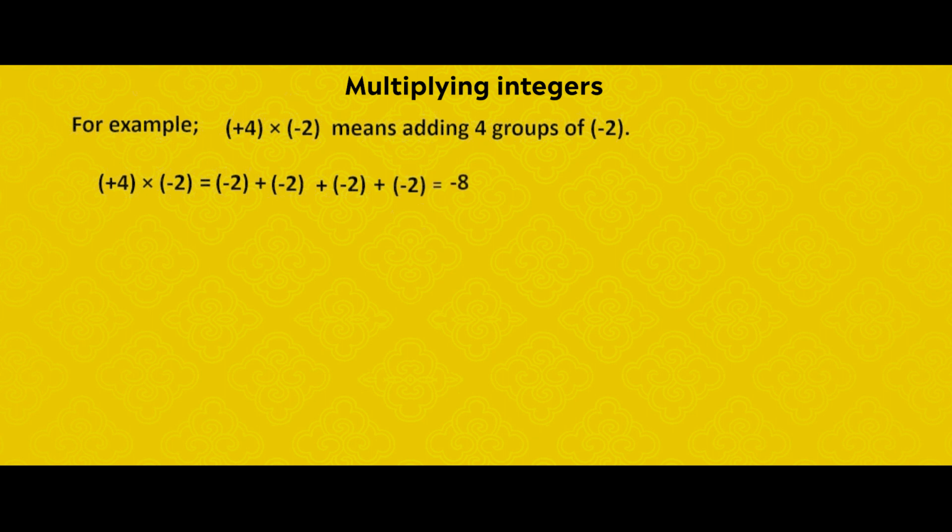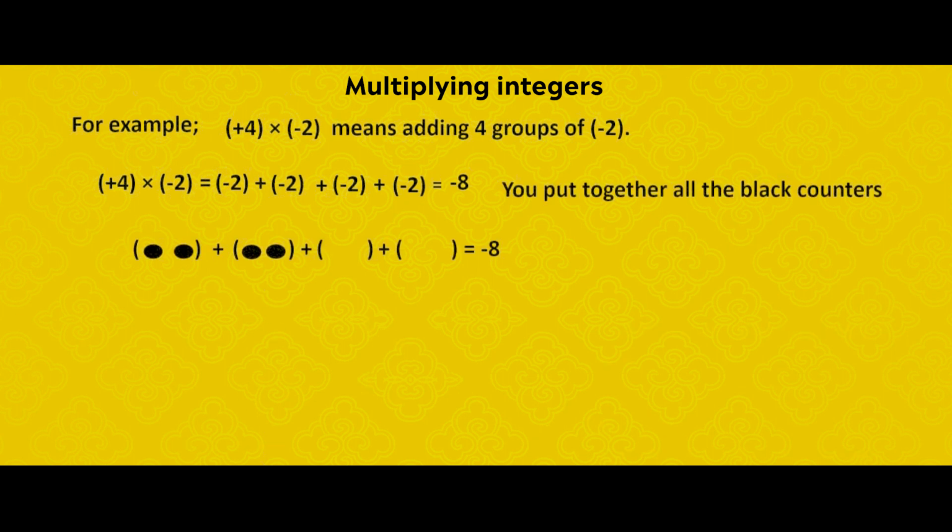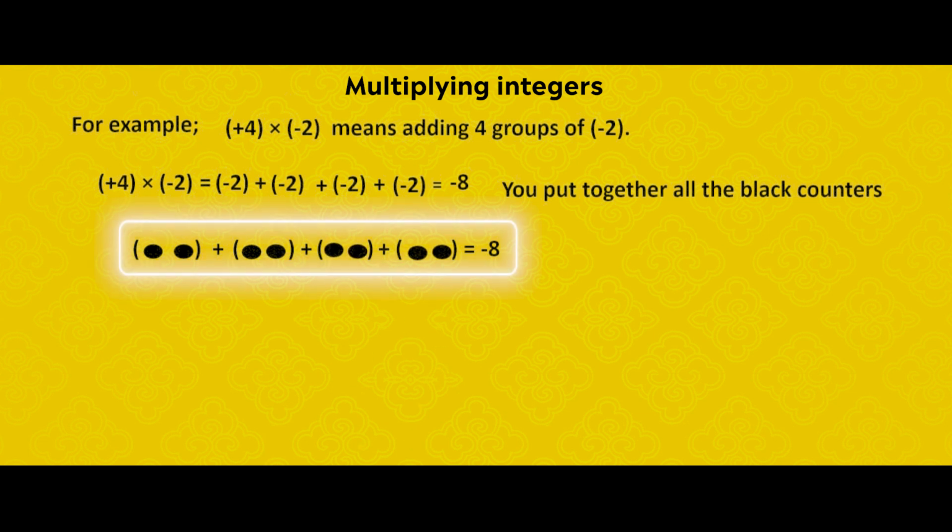We can also use counters to multiply integers with repeated addition. So 2 black counters plus 2 black counters plus 2 black counters plus 2 black counters, and if we put the black counters together we get 8 black counters, which is negative 8.